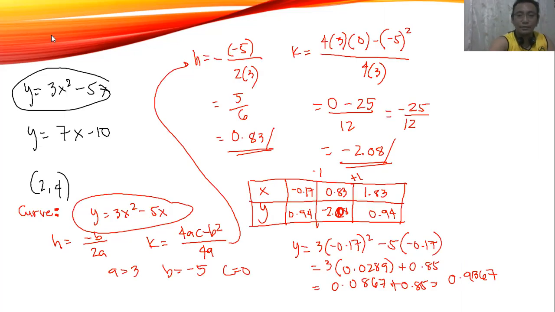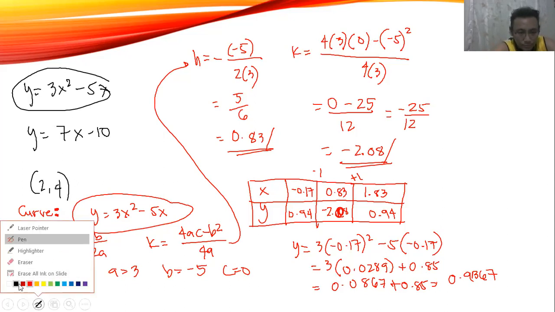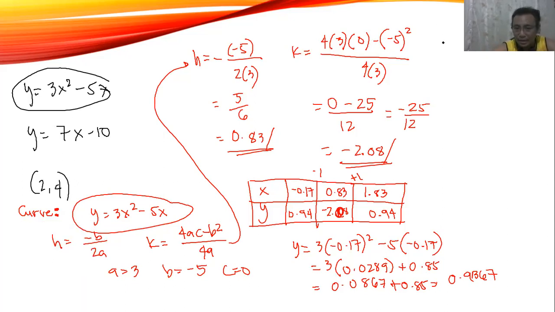Next is, we have to graph this na. Of course, in graphing this, we need a Cartesian plane. Y-axis, x-axis. Don't forget that we have 1, we have 2, we have negative 1, we have negative 2, we have negative 3, we have negative 4.